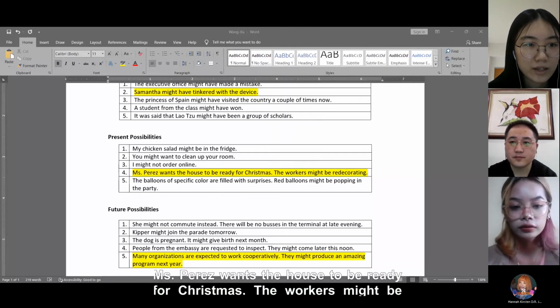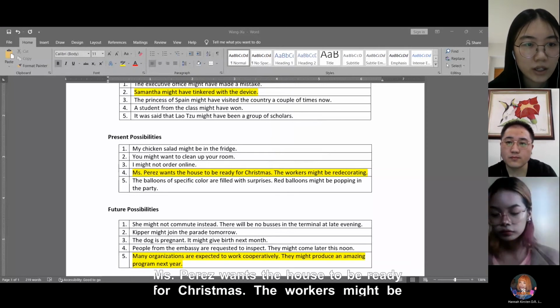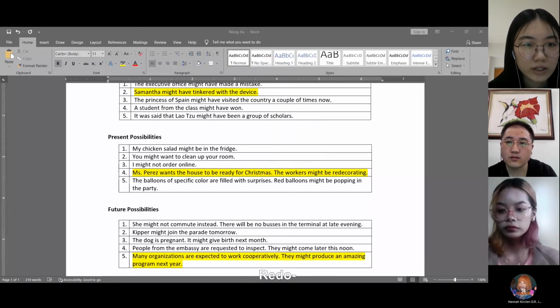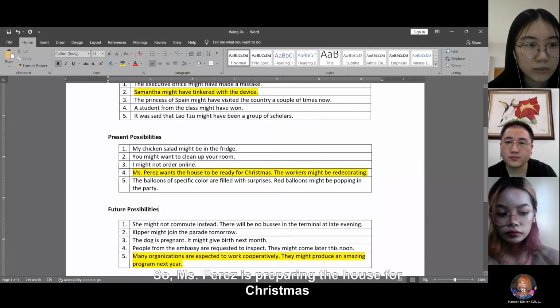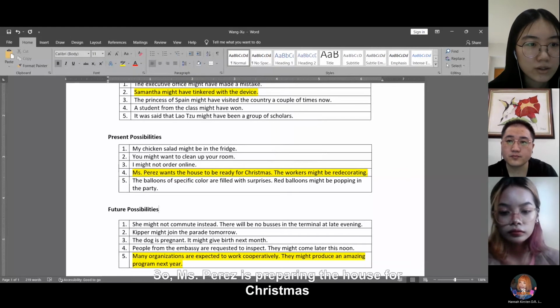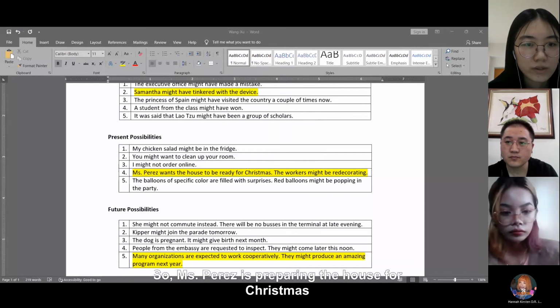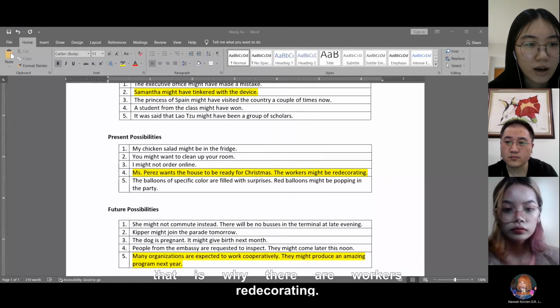Miss Perez wants the house to be ready for Christmas. The workers might be redecorating. So Miss Perez is decorating the house for Christmas. That is why there are workers redecorating.